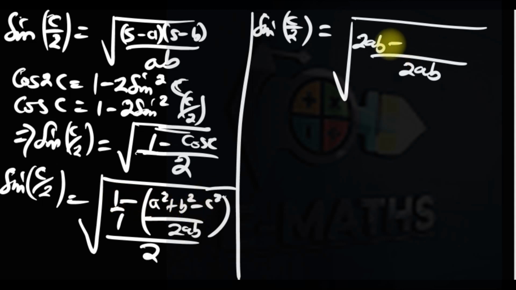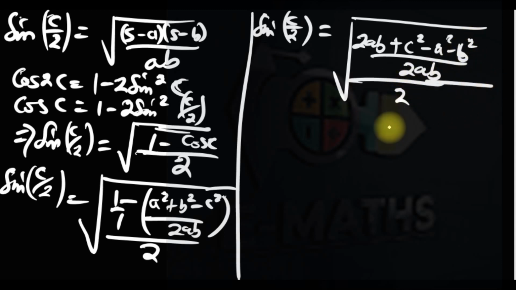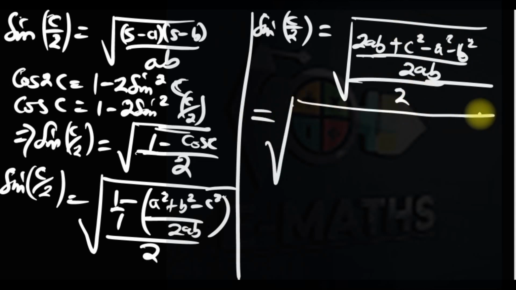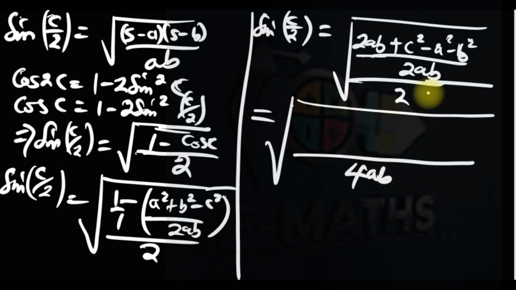Minus times minus is positive, so positive c squared minus a squared minus b squared over 2. This is the numerator, this is the denominator. So which is equal to, this goes down to be 4ab.